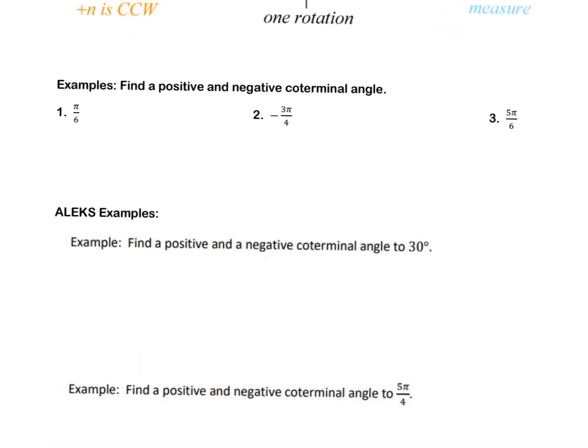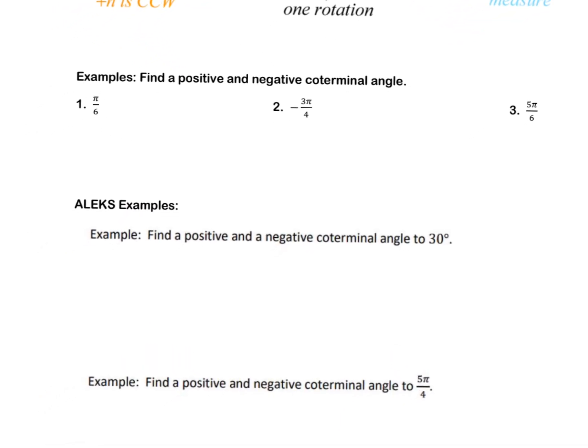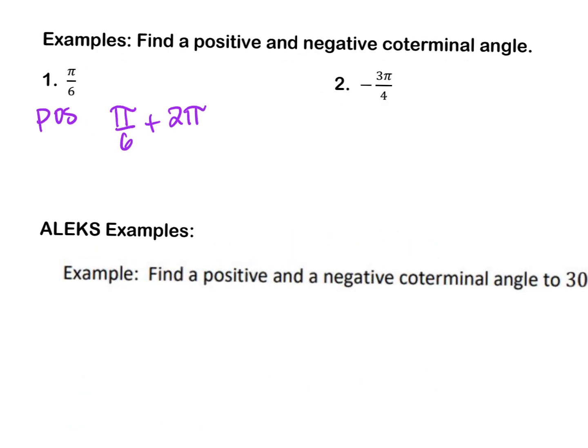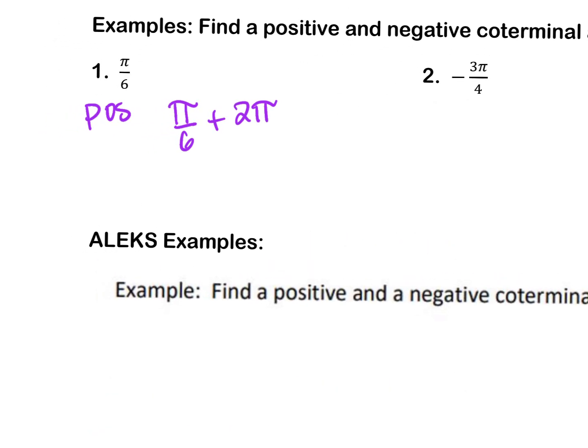So we're going to find positive and negative coterminal angles. And to find the positive coterminal angle, you're going to add 2 pi. Now notice that now you have a fraction here, so we got to do it on the calculator. If you know how to work with fractions, then you should do it that way.